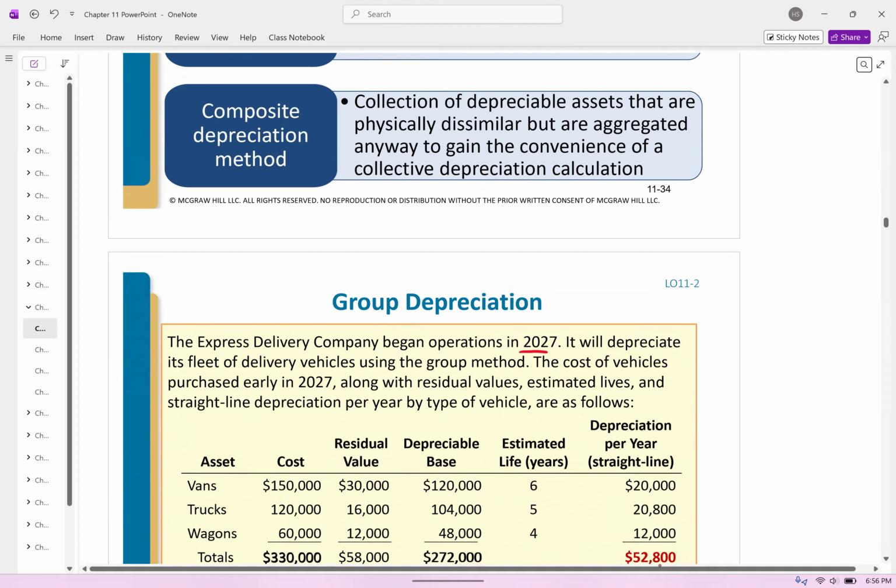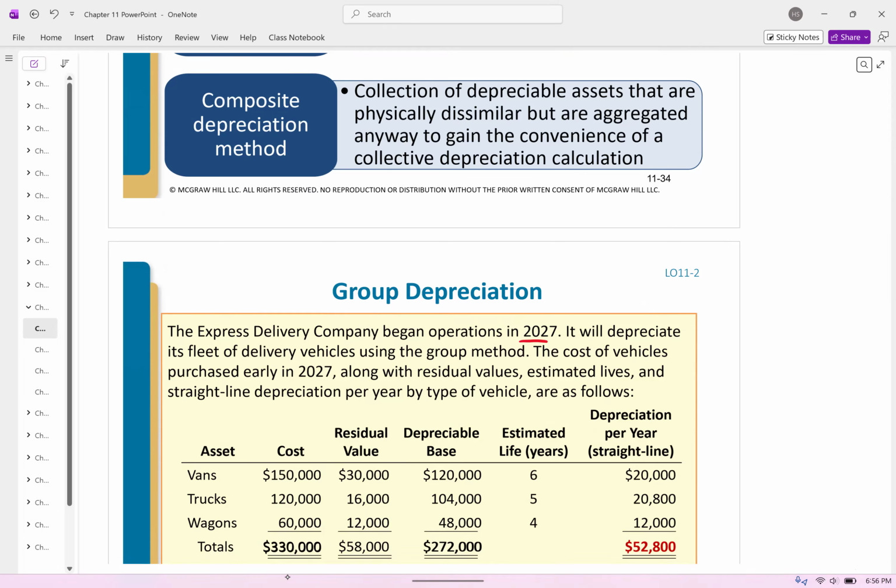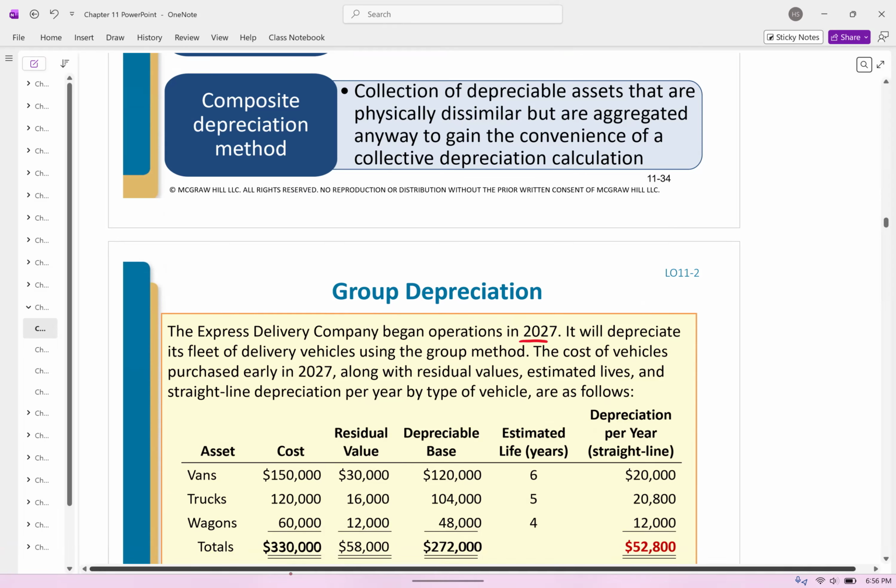So we have three assets: van, truck, wagon. Sounds like we're in the 100 plus years ago. We have the residual value of each one of those, and then we get a depreciable base. Here's the estimated life. We're going to divide that depreciable base by that to get a depreciation per year.